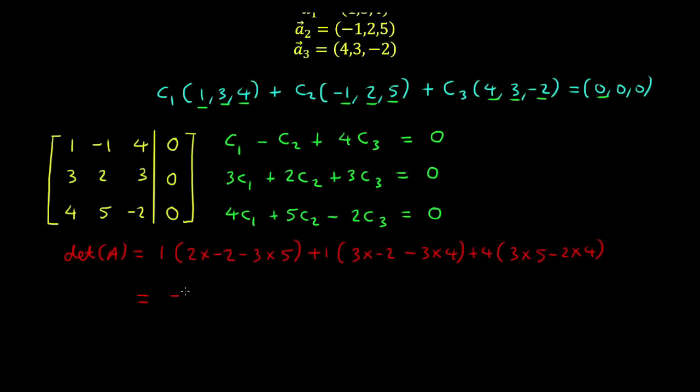What we get is minus 19, minus 18, plus 4 by 7 is 28. So that gives minus 9.